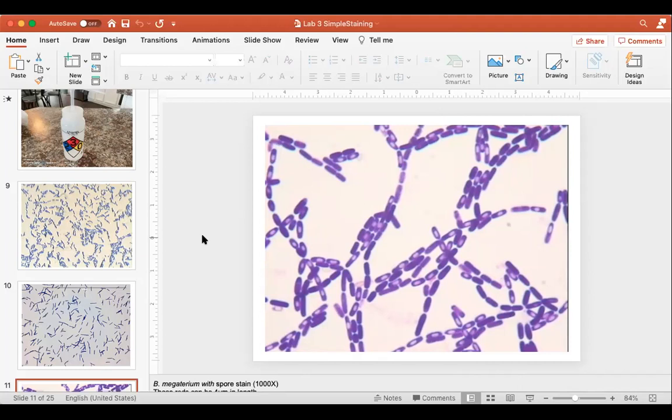But sporulation is a pretty neat trick if you can do it. It allows a cell that is experiencing stress in its environment to go into a spore form and then just stay there until the environmental conditions get better. And the thing about bacterial spores that's really scary is you can't destroy them.